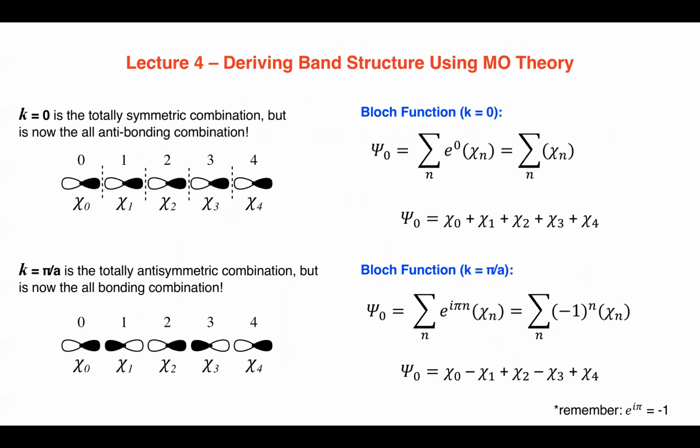All right, so let's do this process again, but this time we're going to do it for p orbitals instead of s orbitals. So we're going to talk about k equals 0 and k equals pi over a again. Those are the limits of the Brillouin zone, right? All the other quantities of interest fall in between 0 and pi over a.